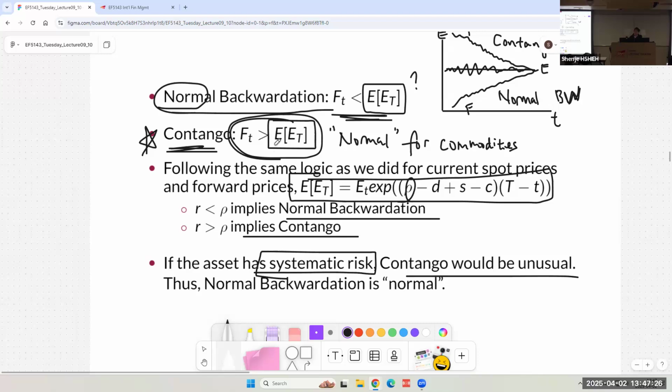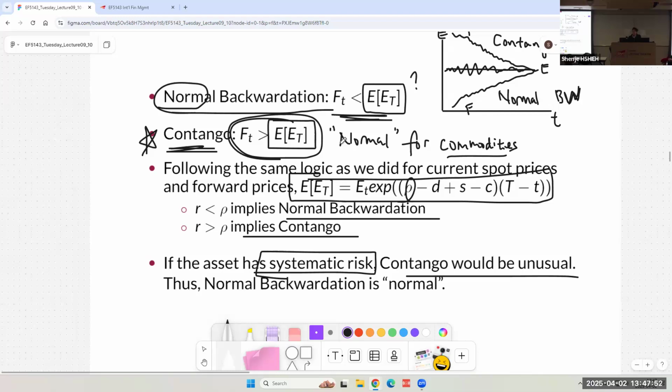But again, for commodities, what's going on is the cost of carry is going to inflate E_T in the long run. And therefore, right, F is greater than the expected value of E, future E. All right. Comments, questions?